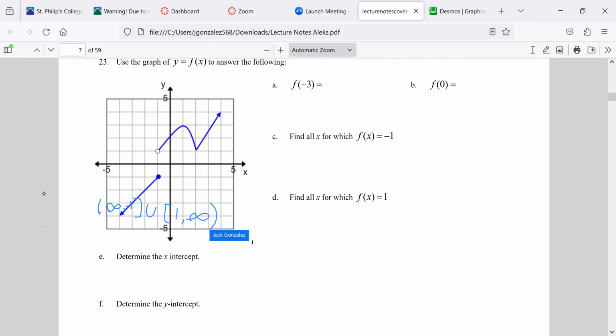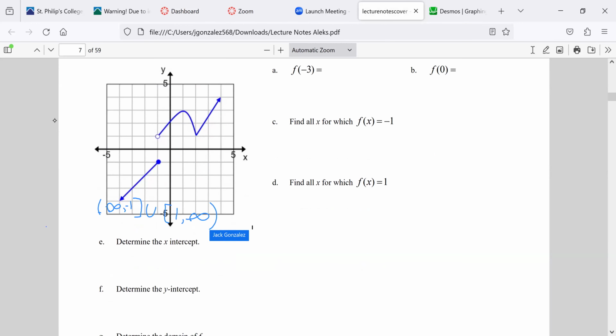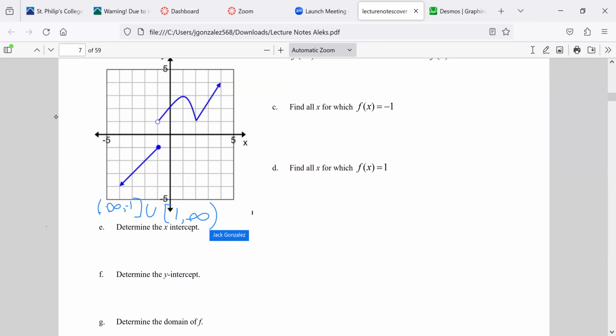So it goes up and back down: negative infinity all the way to -1, then we jump all these y values, and eventually hit 1, and then everything above. That empty circle doesn't count as the 1, it's the next one. Technically it starts right after 1, then comes down and hits 1 again. Eventually it truly hits 1 here, and then it's everything above.